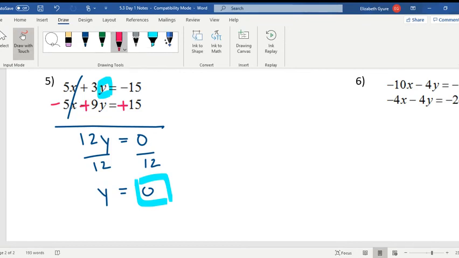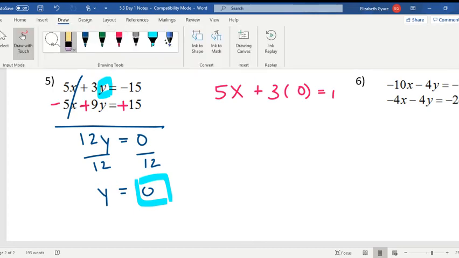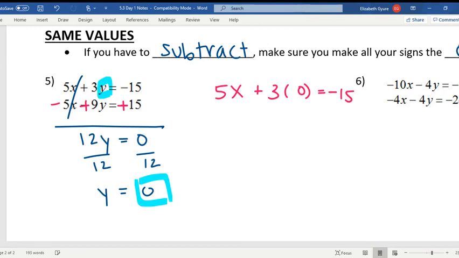So I'm gonna plug this in here. 5x plus 3 times 0, because we found out y was 0, equals negative 15. So that'll give us 5x plus, what's 3 times 0? 0 equals negative 15.